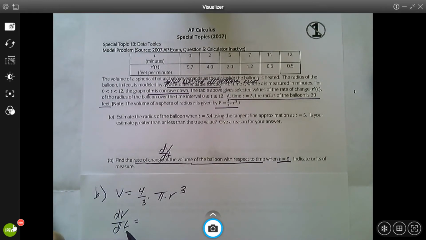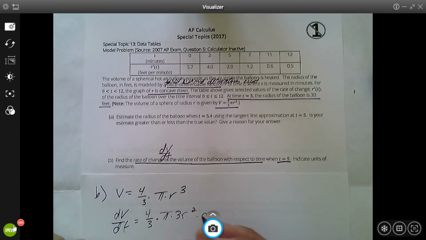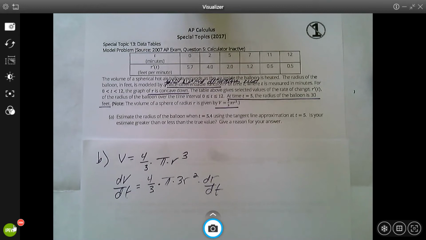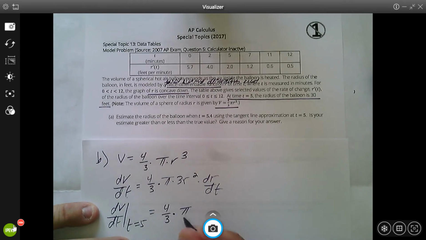To find dV/dt, you need to find the derivative of your volume with respect to time. This is where you need to be careful. The derivative of your radius with respect to time, this is going to be 4/3 pi. The derivative of r cubed is 3r squared times dr/dt. dV/dt at time t equals 5 is what you're after. That's going to be 4/3 times pi times 3 times your radius at time 5.